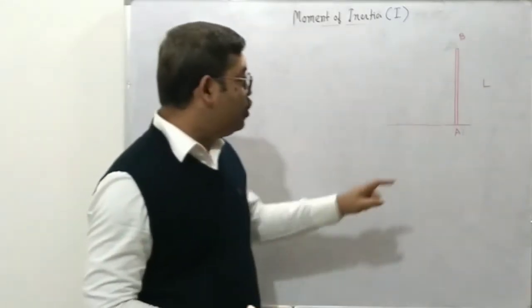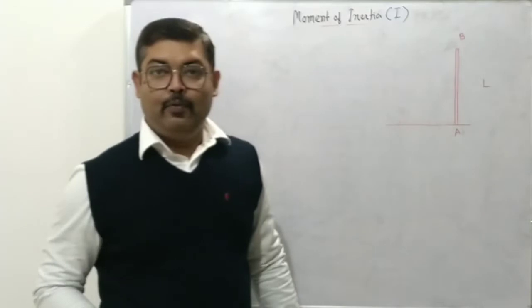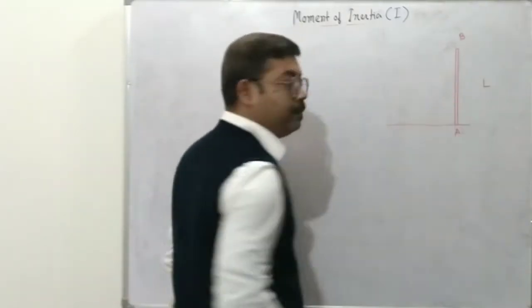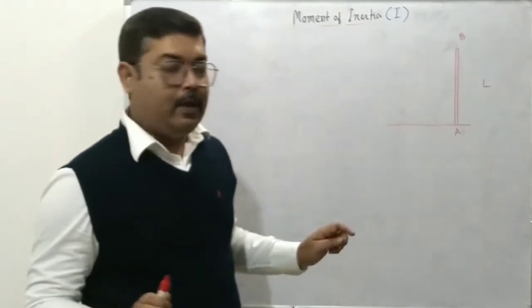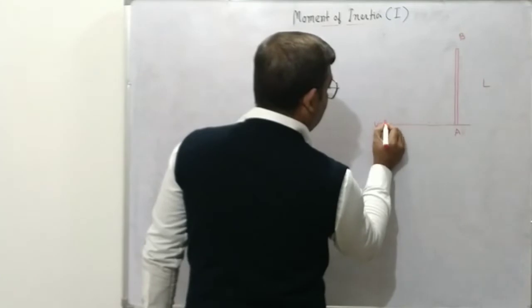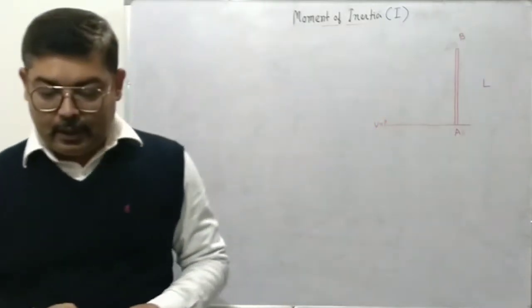We have to assume that the rod doesn't slip at A, which means that the rod was standing like this and will just fall like this under gravity. So we have to find at what speed the rod is going to hit the ground.